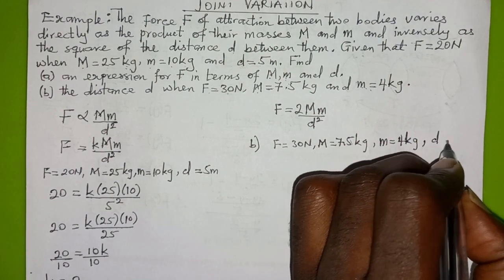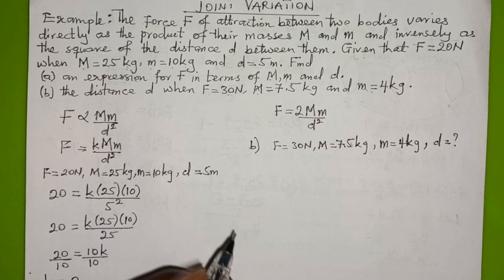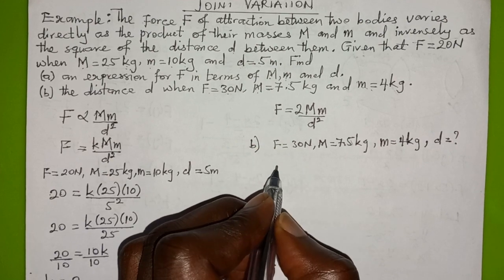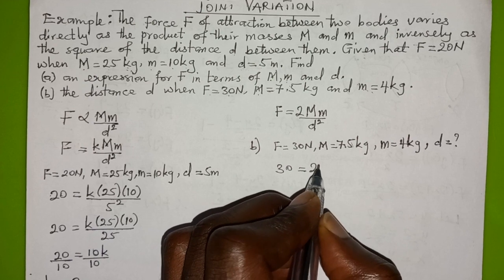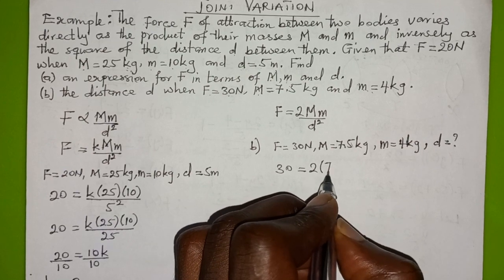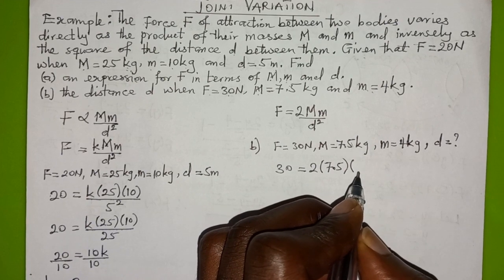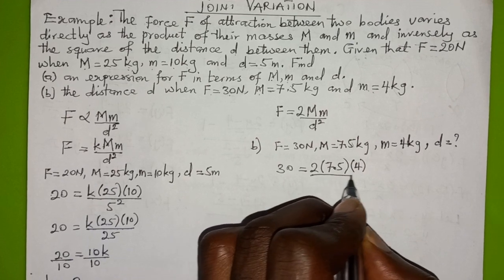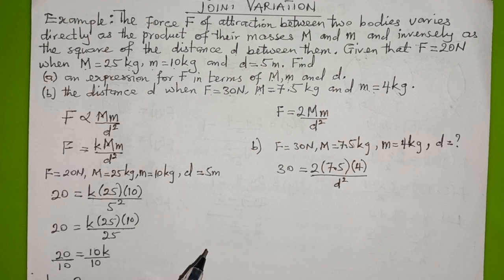So our distance is unknown. So that's what we need to find. So let's do that. So this will then become, our F is 30 newtons. So this is going to be 30 equals 2 multiplying our M, which is 7.5, which is also multiplying our smaller mass, which is 4. This is over d squared. We don't know that, so we need to find that.